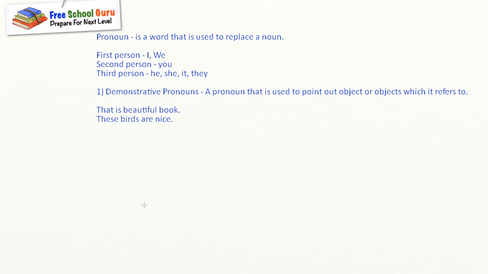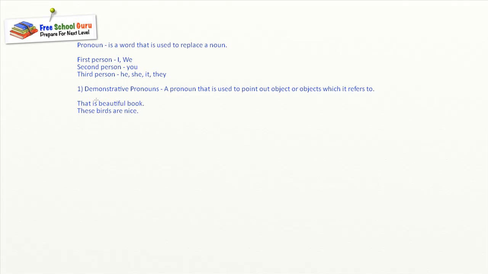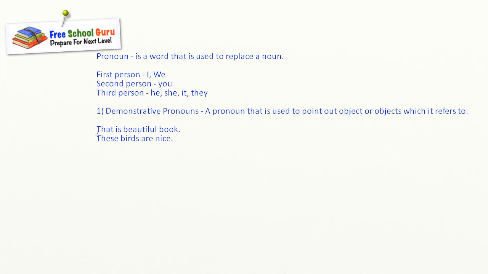If I look at the first example, that is a beautiful book. So that is used to demonstrate the book, and hence it becomes a demonstrative pronoun. Next sentence. These birds are nice. So these becomes a demonstrative pronoun. Simple to understand? Okay, good.